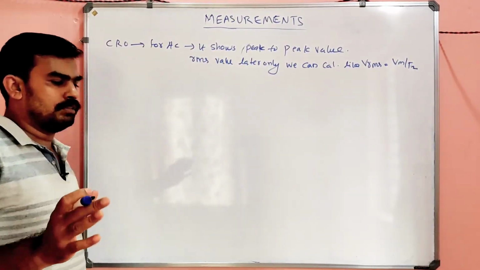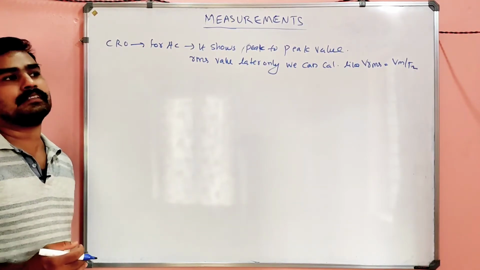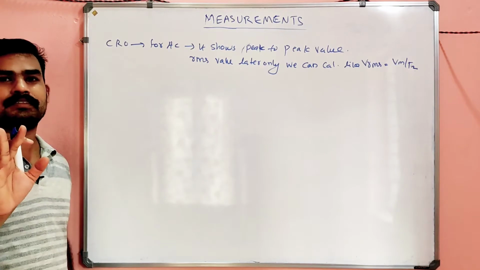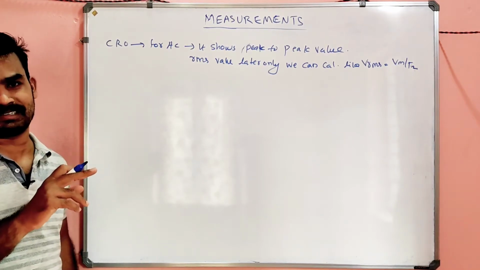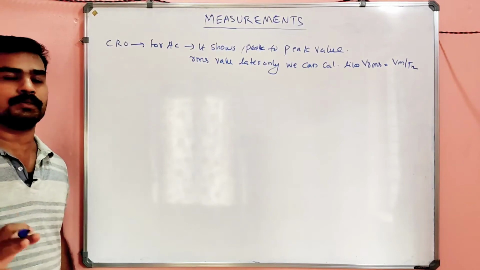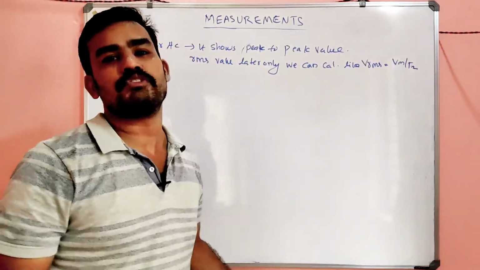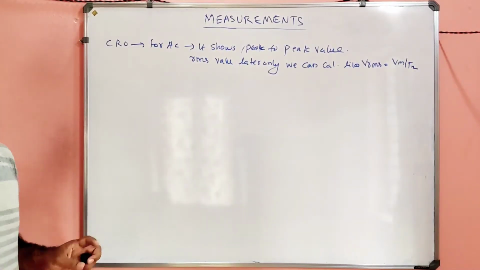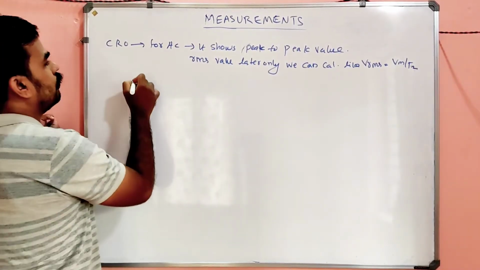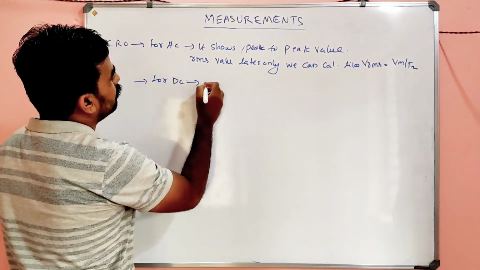You already know this because in your electronics laboratory you did this experiment. And the teacher asked, what is the peak value? Not the RMS value, right? You can only read the peak to peak value. From the peak to peak value, that is the Vm or Im, you can calculate the RMS value later by calculation, not directly. And for DC, my dear, you will directly get the value.